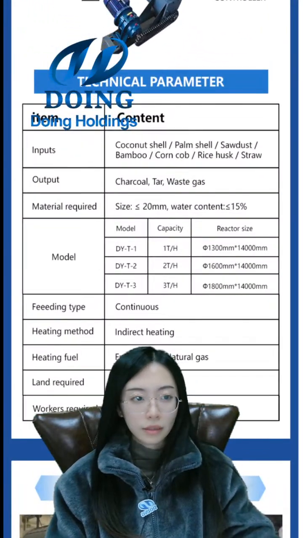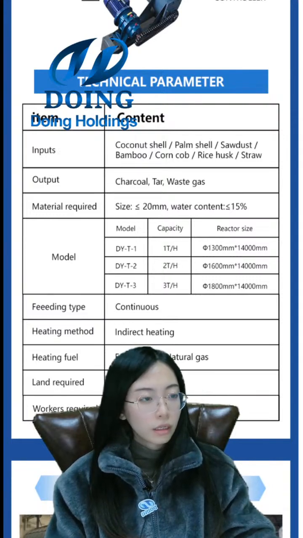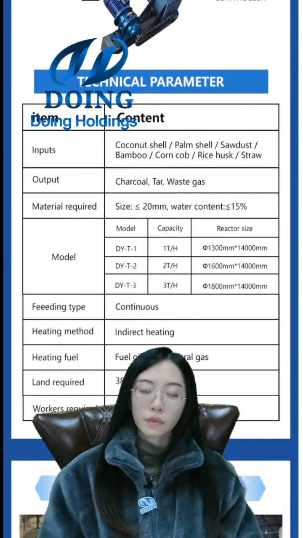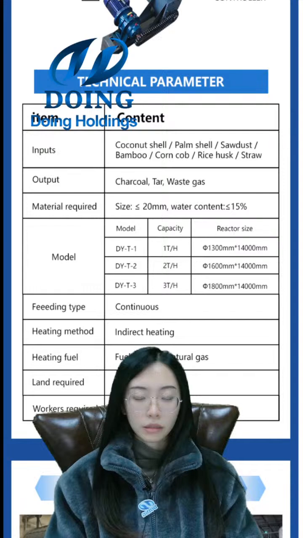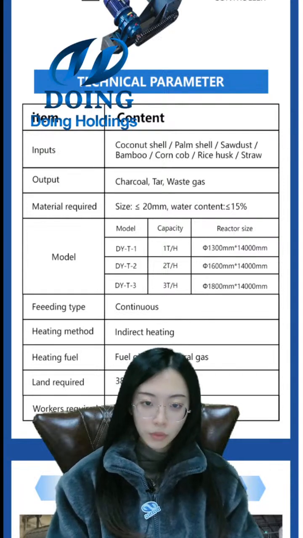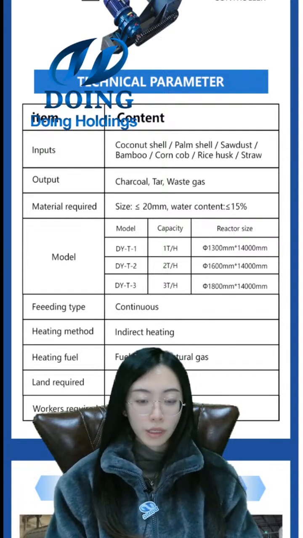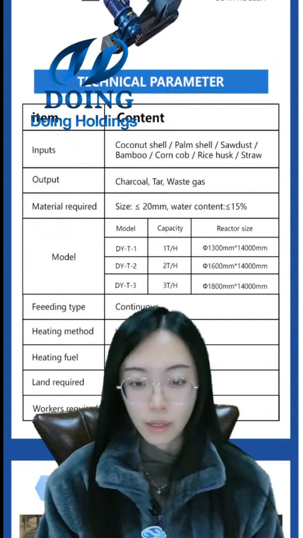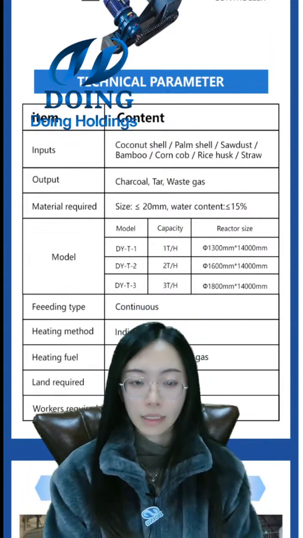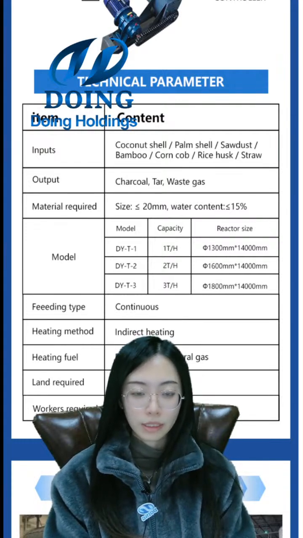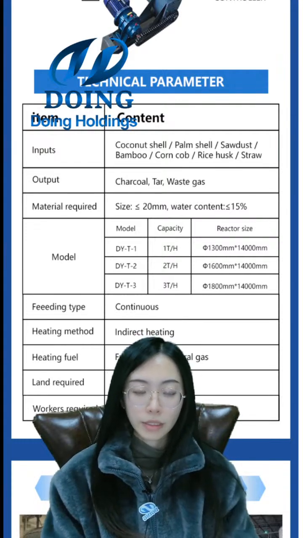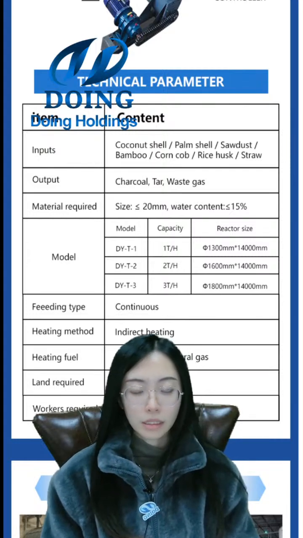About the technology parameters, you can cut the screen. It shows the input, output, and the standards of the raw materials, and also the capacity. For the capacity, we have 1 ton, 2 tons, 3 tons per day. If you need a larger one or a smaller one, you can also contact our engineer and sales manager, as all the equipment supports customization.